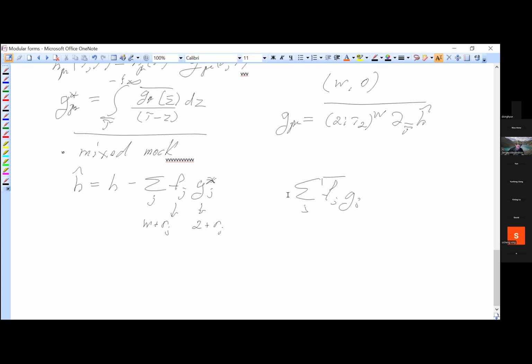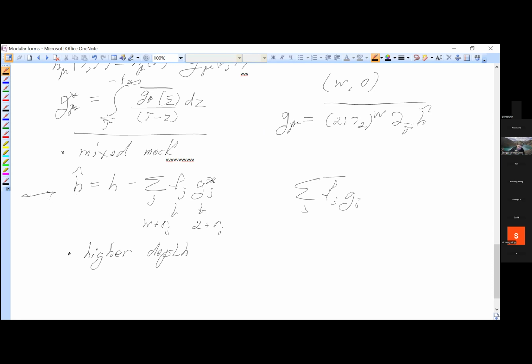And another reason why we need mixed mock modular forms is that these are the ones which can be generalized to the so-called higher depth mock modular forms. So what are these higher depth mock modular forms? Well, very easy. You just define them iteratively by this formula.